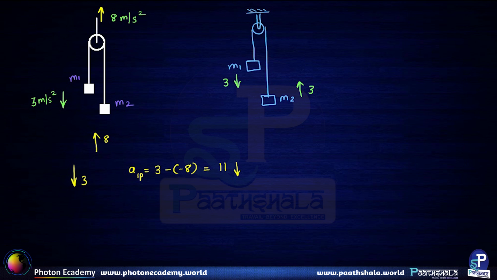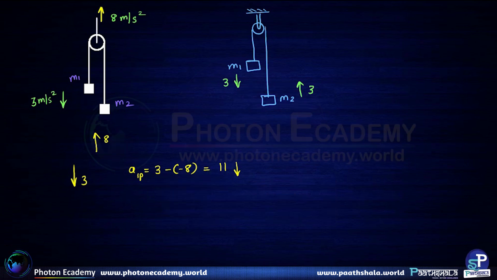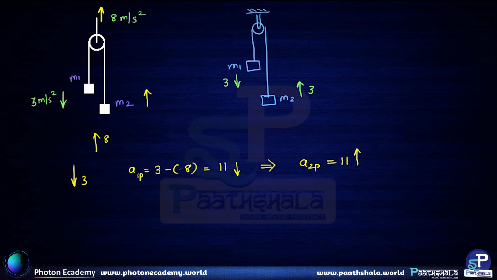So according to the pulley, if we are sitting on the pulley, then the mass m1 is actually going down with acceleration 11. By that logic, mass m2 will be coming up with acceleration 11 with respect to the pulley. This implies that acceleration of 2 with respect to the pulley is equal to 11 in the upward direction. But this happens to be equal to acceleration of 2 minus acceleration of pulley.